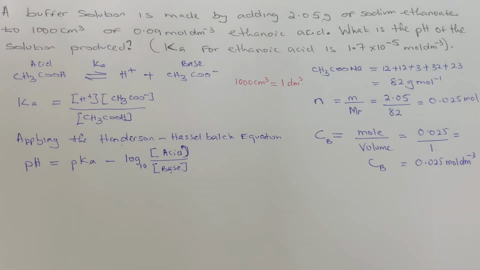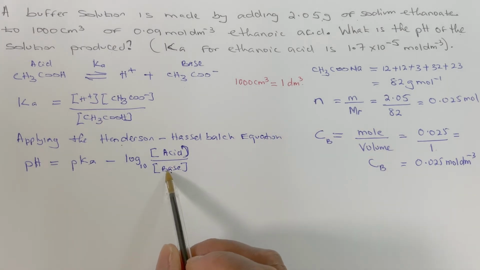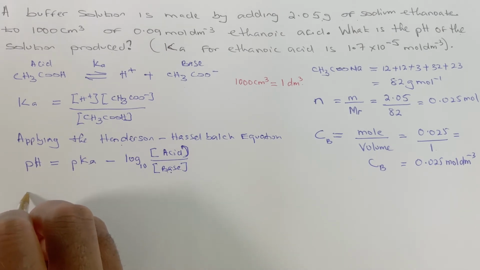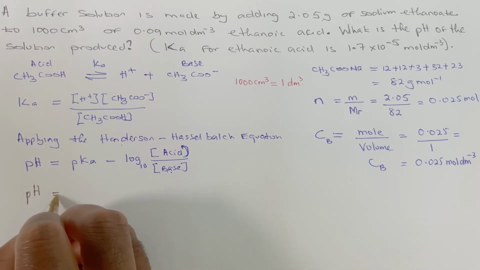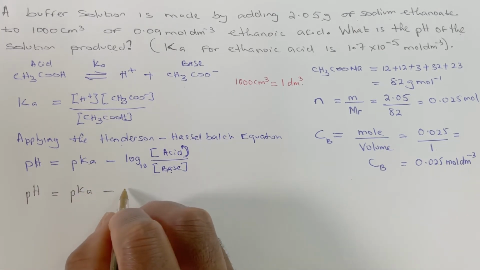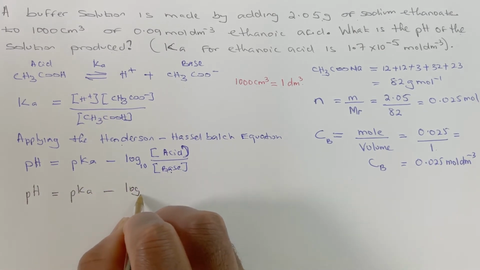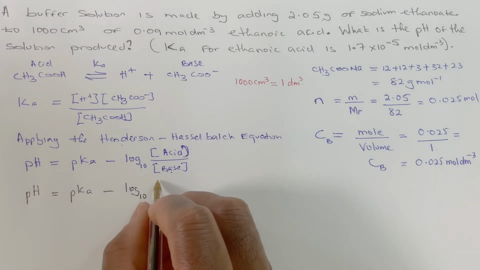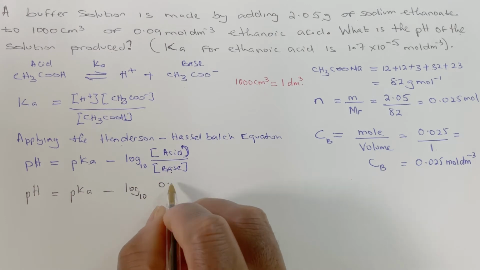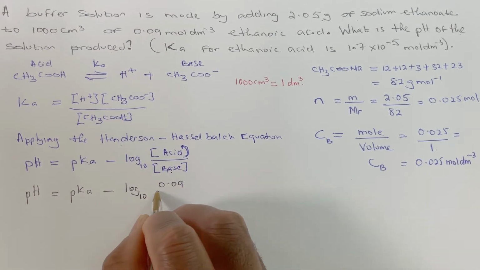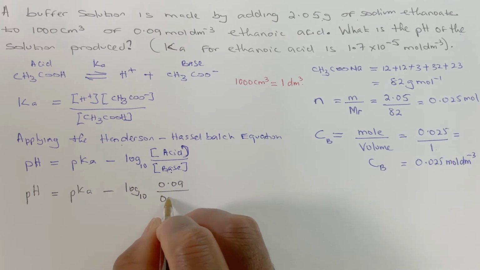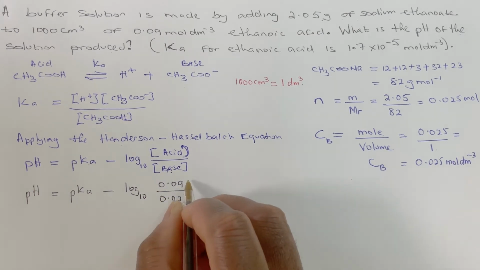So now I know the concentration of my base, and I need to find the pH. The pH will be equal to pKa minus log base 10 of the concentration of the acid, which we know is 0.09, over the concentration of the base, which is 0.025.